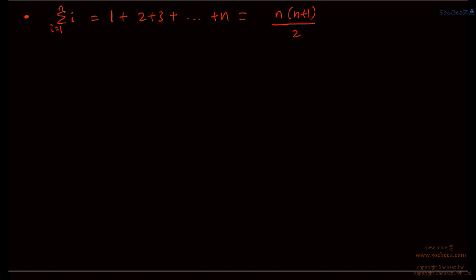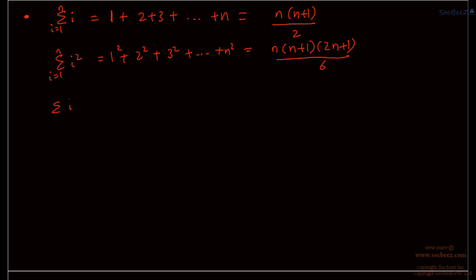This is given by n(n+1)/2. Similarly, sigma of i², again i from 1 to n, means 1² + 2² + 3² till n², and is given by n(n+1)(2n+1)/6.